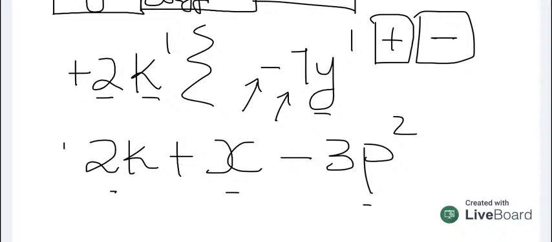I will say we have an invisible positive, then 2 being the number, k being the letter, invisible 1 as the exponent. Then the sign is positive, 1x, and the exponent is invisible 1. Then the sign is negative, the number or the coefficient is 3, the letter or variable is p, and the exponent is positive 2.